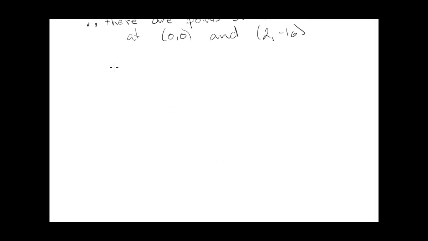So now what we need to do is graph the function. So you're going to set up your axes, and the first thing you're going to do is plot all the key points. So there's 3 sets of key points.